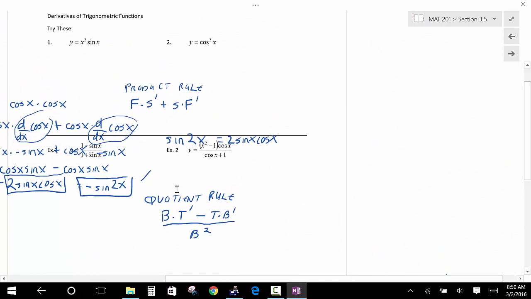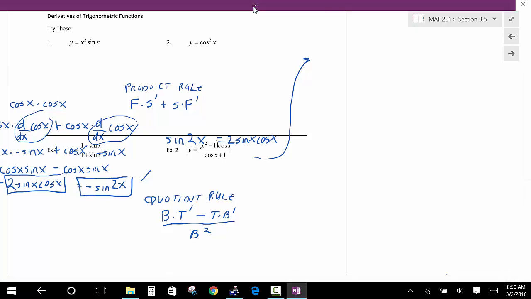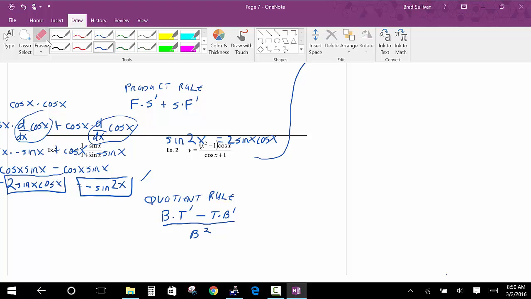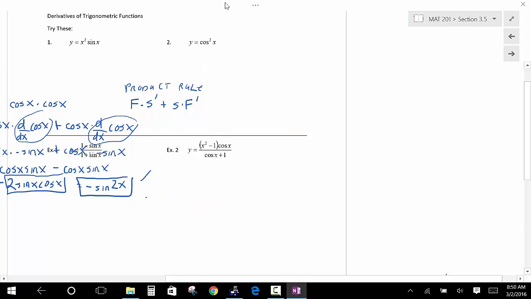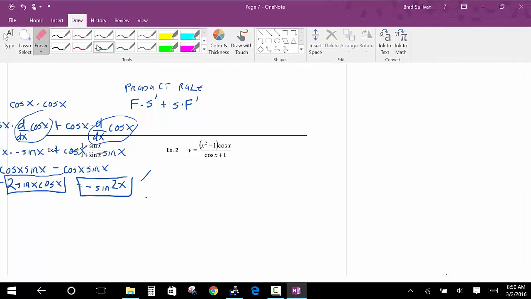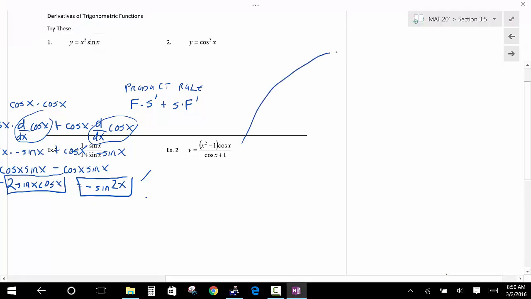With this one, to me, the first thing to do would be to just multiply out the numerator. I think it's just as easy to do it this way. I'm going to erase that little piece right there. This is, again, a quotient rule problem, but let's start like this.